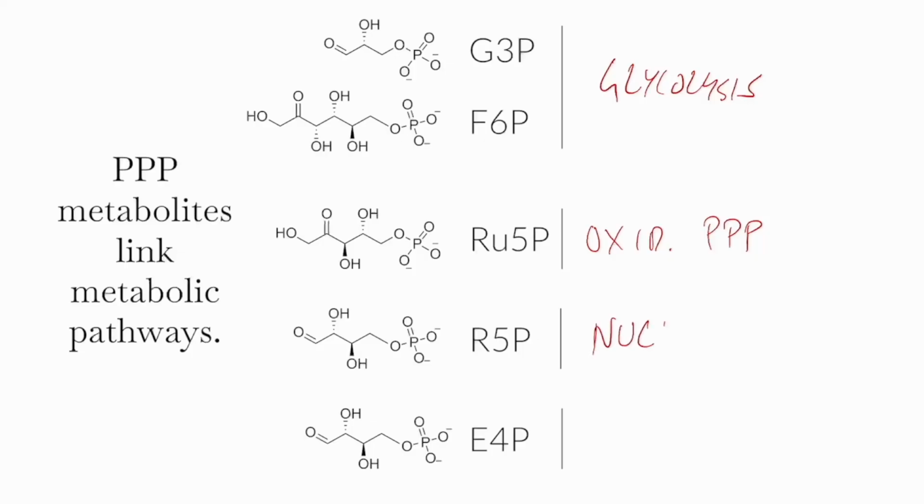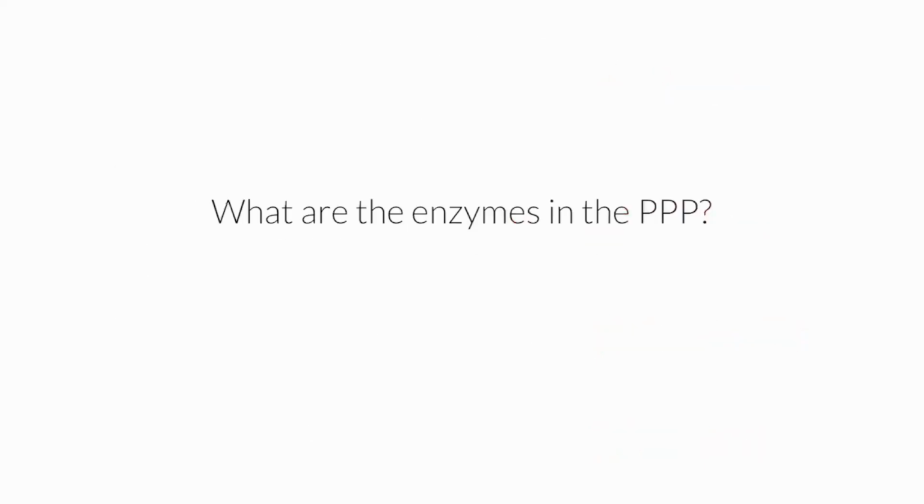R5P links into nucleic acid biosynthesis, and E4P links into amino acid biosynthesis. So again, even though there are a lot of metabolites and it feels like a complicated mess, they really are important for understanding biochemistry.